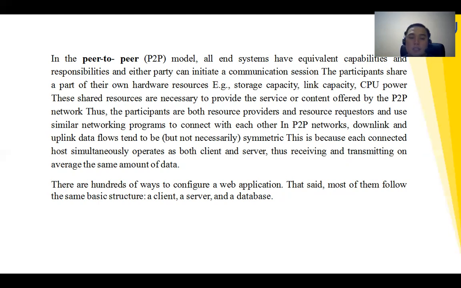Downlink and uplink data flows tend to be, but not necessarily are, symmetric. This is because each connected host simultaneously operates as both client and server, thus receiving and transmitting on average the same amount of data.